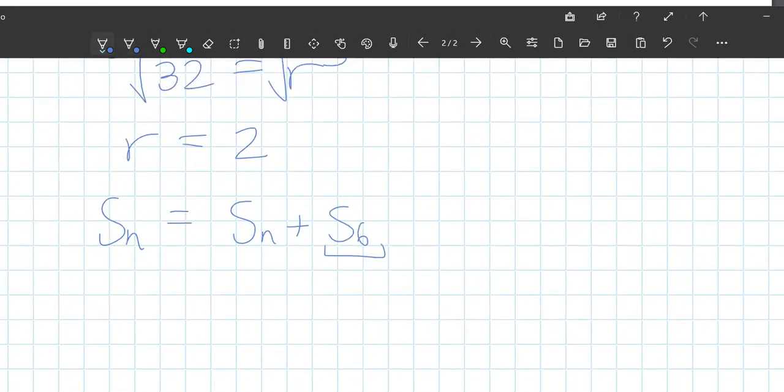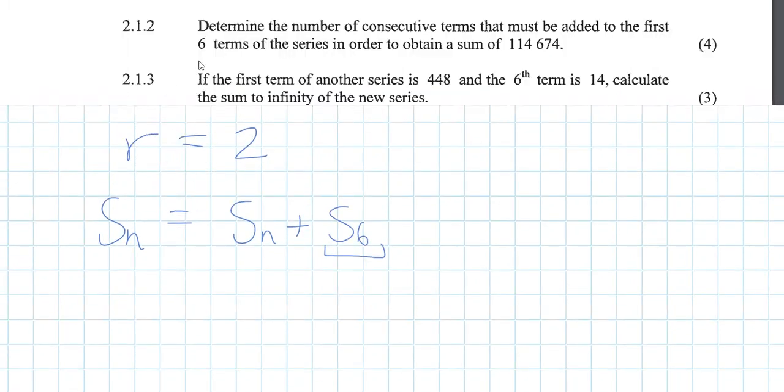Looking at the wording of the question, it is saying how many extra terms must be added to the first 6 terms in order to get the sum to n, which is 114,674.